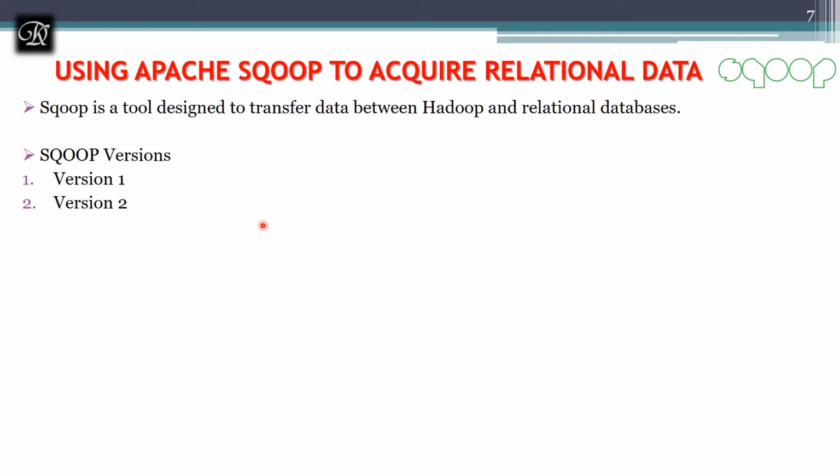Since we are talking about big data, we should support everything in the world. For that, we need a mechanism to fetch data from the RDBMS and store it. But when we do this, we face some challenges. The first is maintaining data consistency.